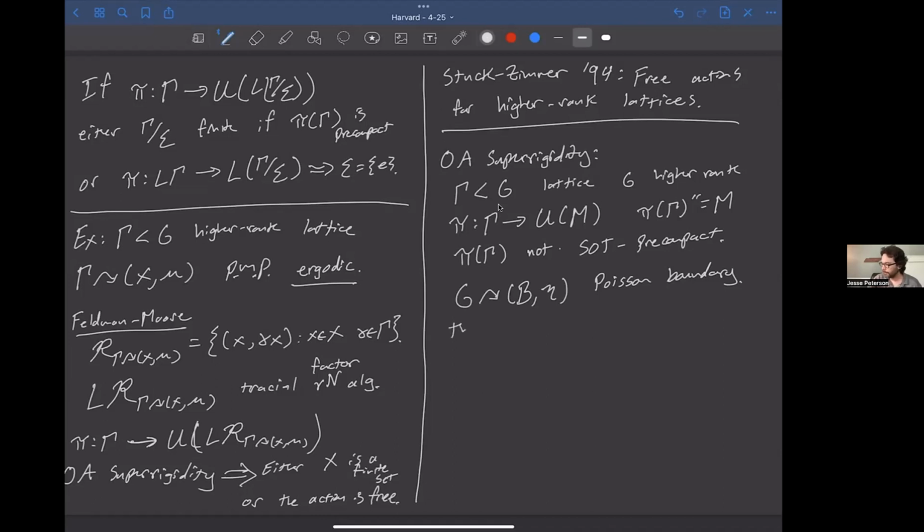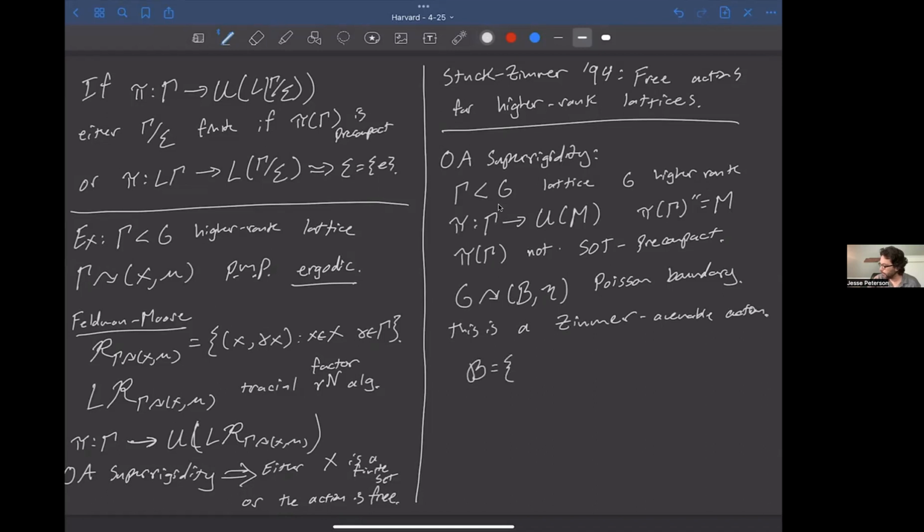So this is a Zimmer amenable action. And as a consequence of this amenability coming from the Poisson boundary, we get a natural amenable von Neumann algebra. So I'll describe that here.